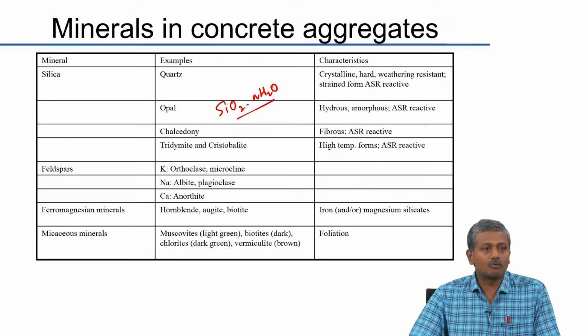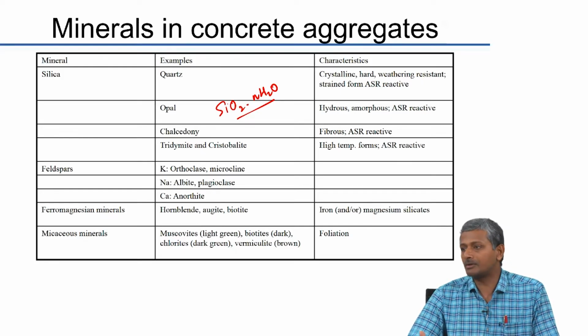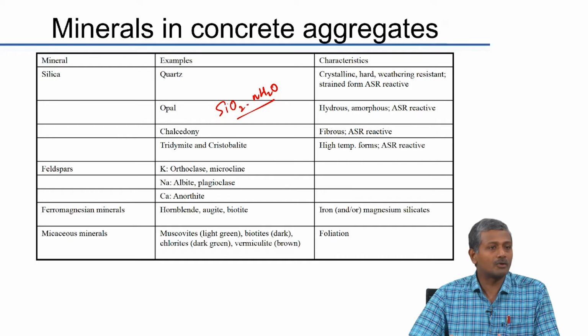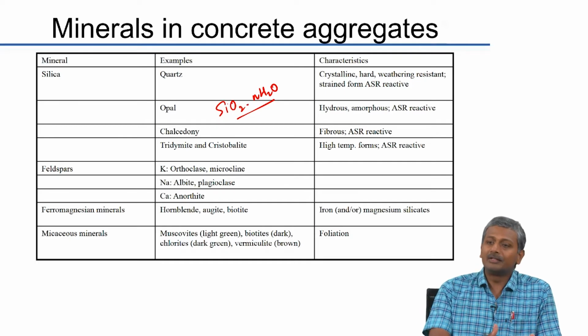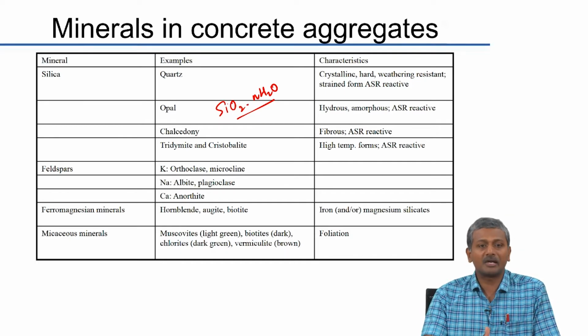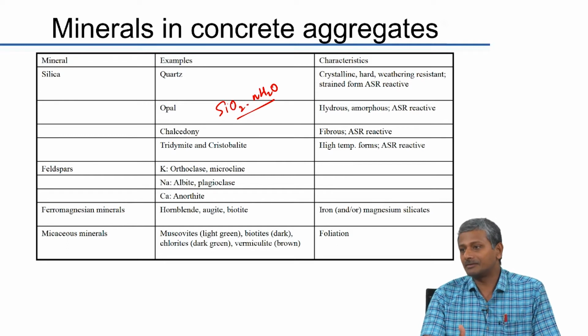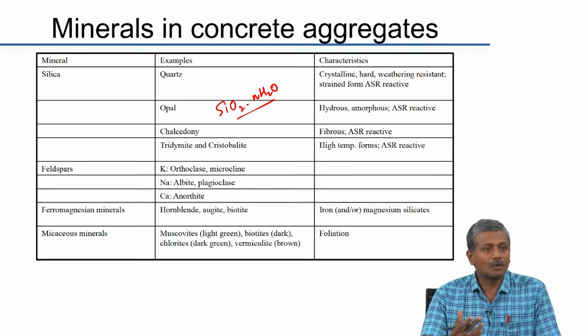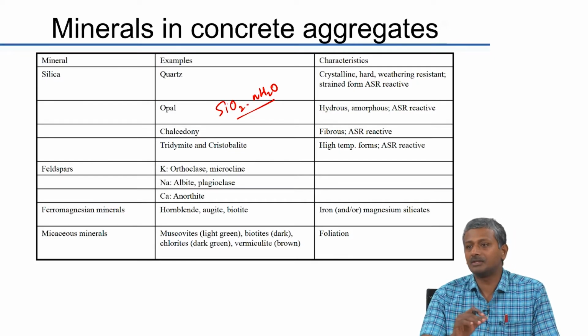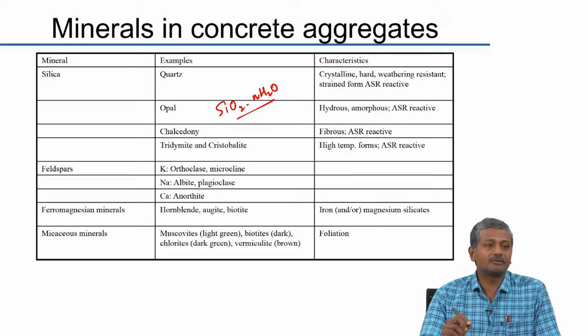Your forms of quartz that are actually available may get transformed into cristobalite or tridymite. So, ultimately the metamorphic rocks that end up from the same inert passive igneous or sedimentary rocks may actually end up being reactive. So, very often, although we see that igneous and sedimentary rocks may not have sufficient reactivity, the metamorphic form of the rocks have a lot of possibilities of reactivity.